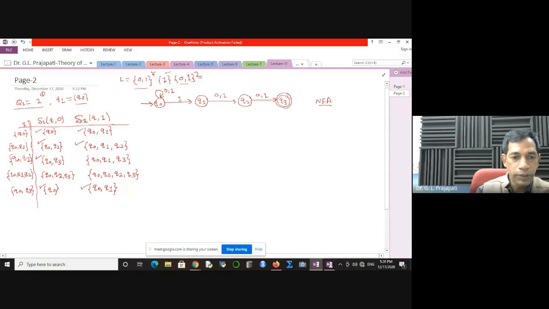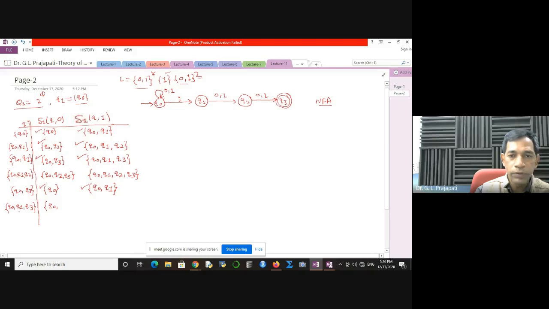Now, which state is remaining? You need to give the transition for this state: Q0, Q1, Q3. If you are at this state, Q0, Q1, Q3, then where do you go? If you are at Q0, input is 0, your NFA goes to the state Q0.